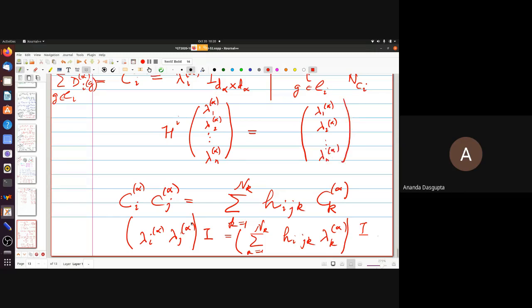Actually, I'm writing this as the jth element of this particular equation that we are writing down. It's just going to be this. You get that?